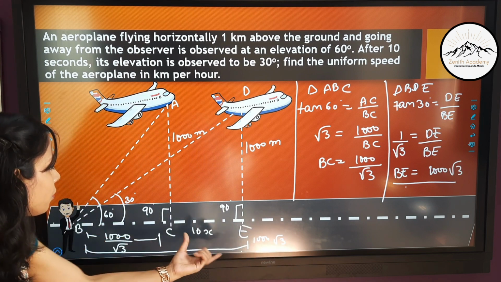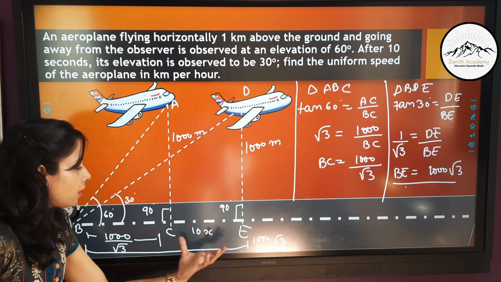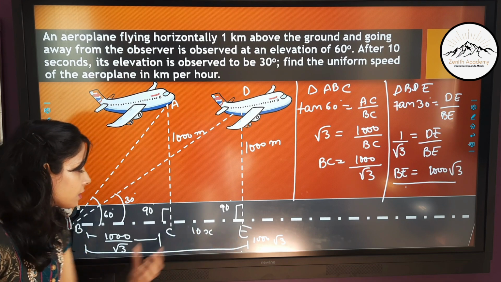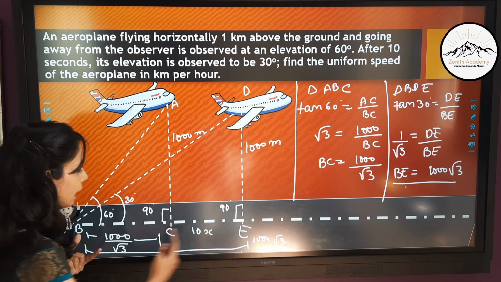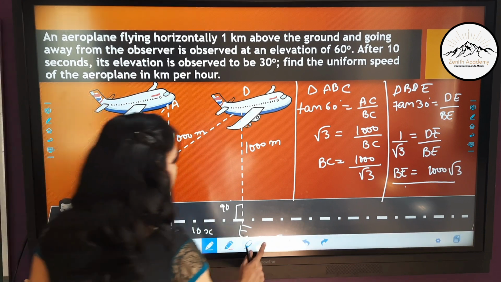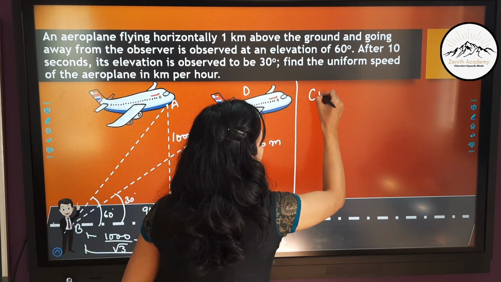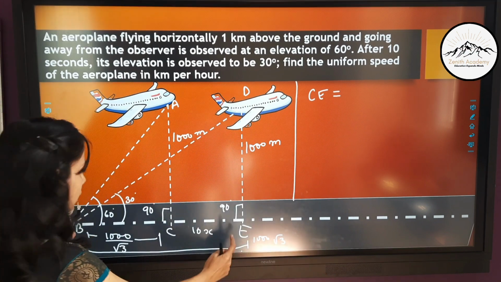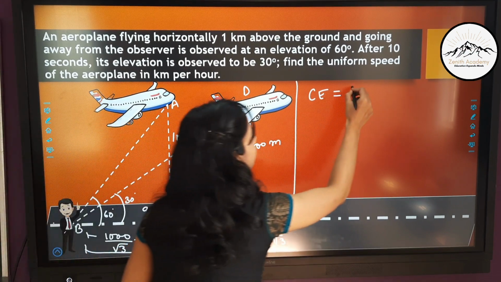Now what we need to find is this value of x. So our CE is 10x. If we do BE minus BC, we'll get CE. Let's write this here. Value of CE is equal to this whole BE minus BC.